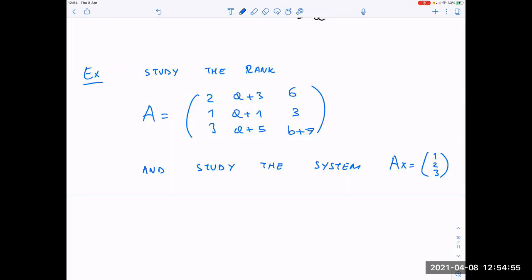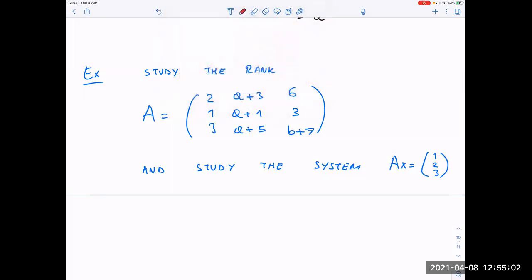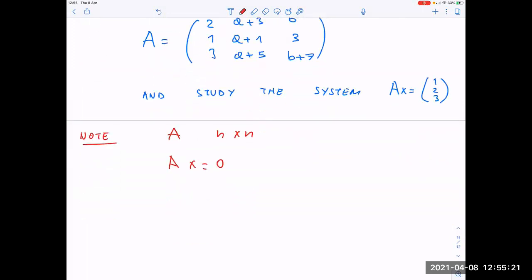Okay, so Salvatore Lagrasta has this question. Well, the idea is that, let's follow this approach. So A is square, right? So you look at the system AX equals 0, and you know that there always exists a solution, that is X equals 0.